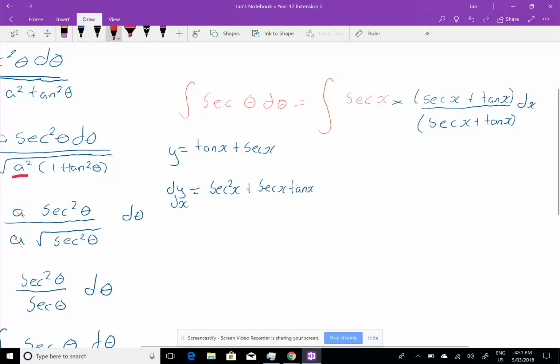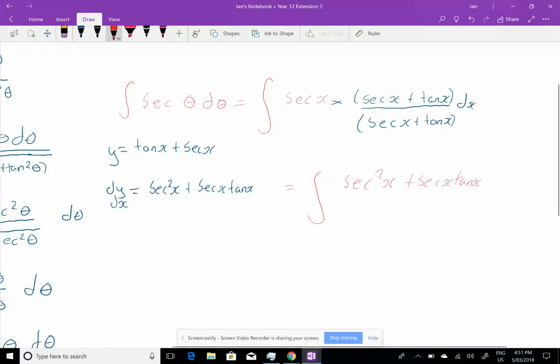And what do we get? Well, on the top, we get sec squared x plus sec x tan x dx, all over sec x plus tan x.